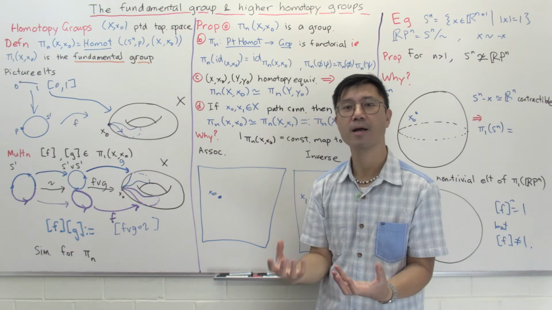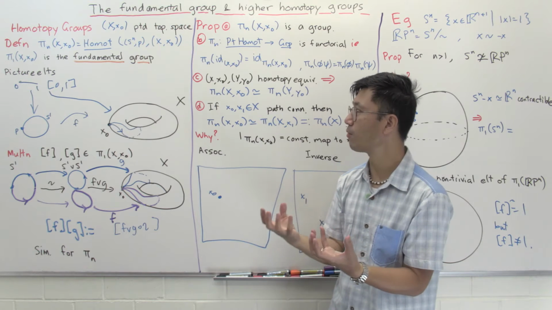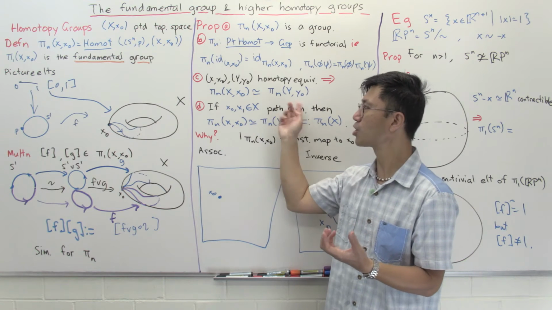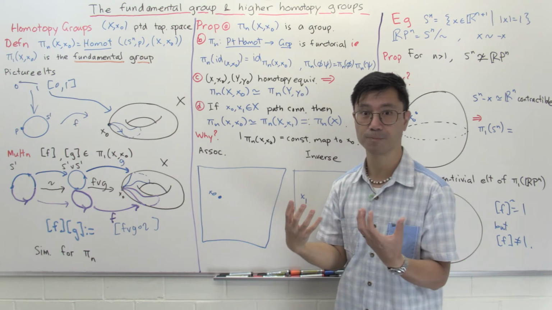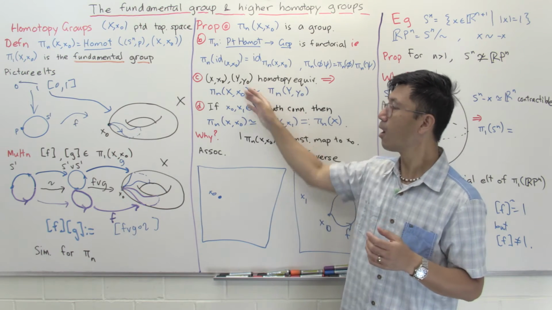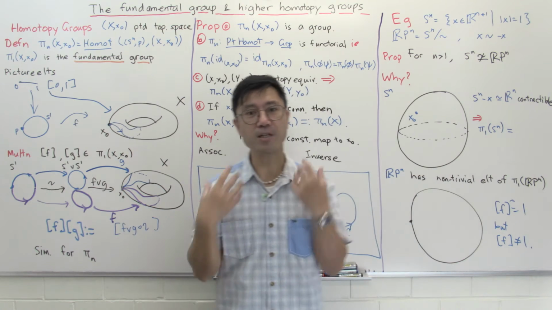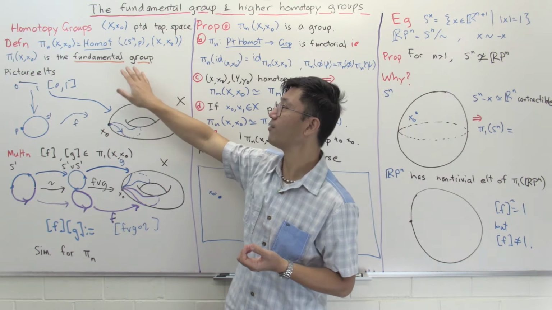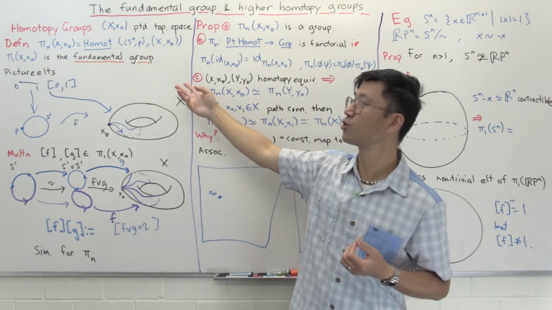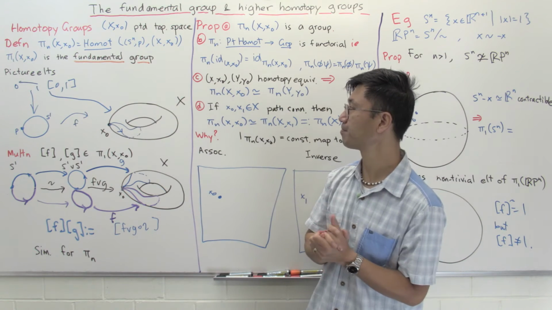They're just groups, and it's usually easy to tell whether groups are isomorphic or non-isomorphic, and so that gives you a way to check whether the things are not homeomorphic. This is one of the fundamental reasons for studying algebraic invariants such as the fundamental group and the higher homotopy groups.